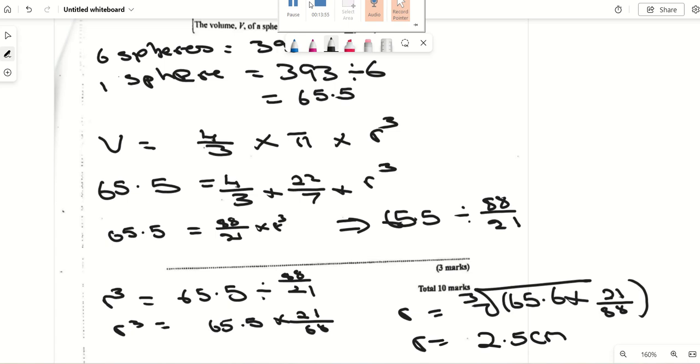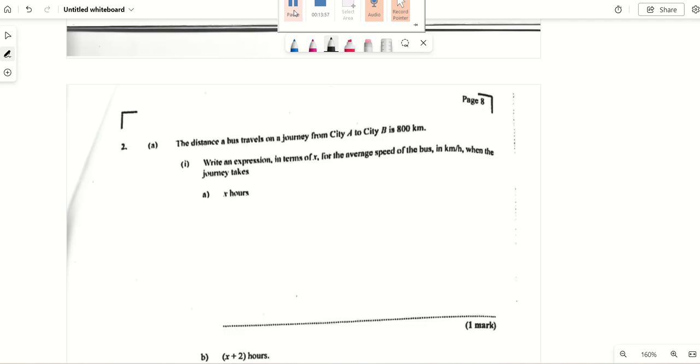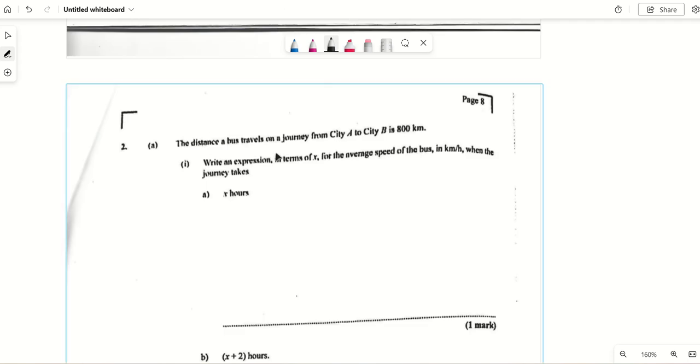Okay, so now let's do part 2. They said the distance a bus travels on a journey from city A to city B is 800 kilometers. Write an expression in terms of x for the average speed of the bus in kilometers per hour when the journey takes x hours.